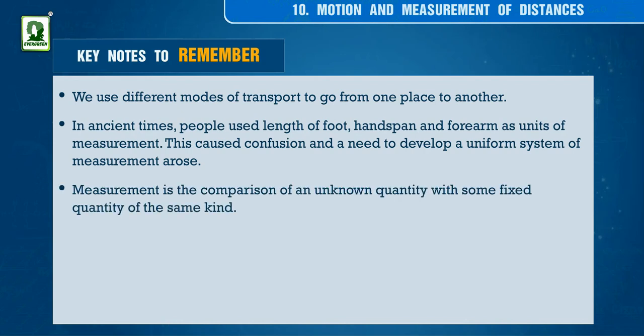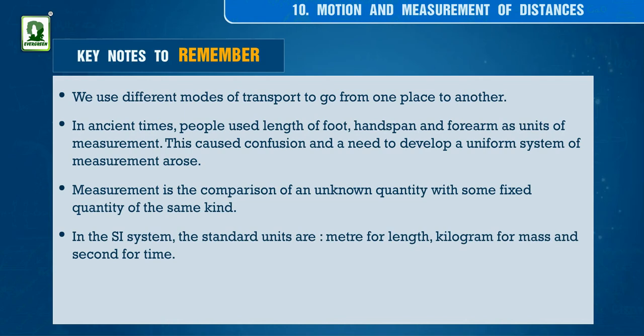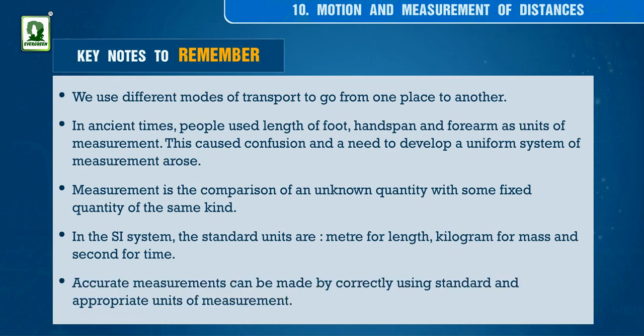Measurement is the comparison of an unknown quantity with some fixed quantity of the same kind. In the SI system, the standard units are meter for length, kilogram for mass, and second for time. Accurate measurements can be made by correctly using standard and appropriate units of measurement.